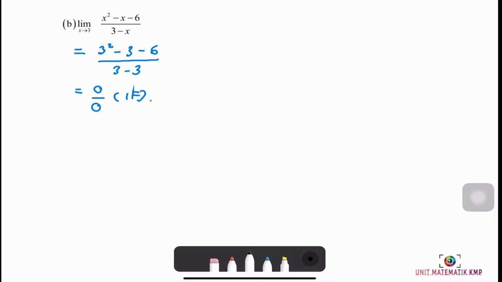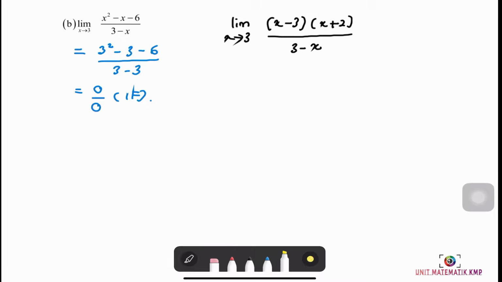So we have the limit, and we factorize the numerator. We will have (x minus 3)(x plus 2) divided by 3 minus x, and x approaches 3. Up here we have x minus 3, and down here we have 3 minus x.